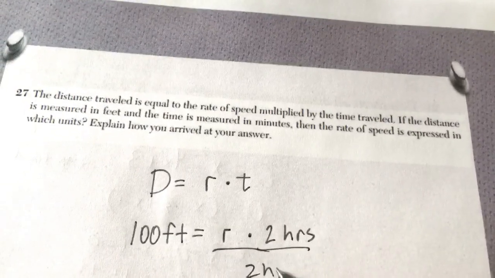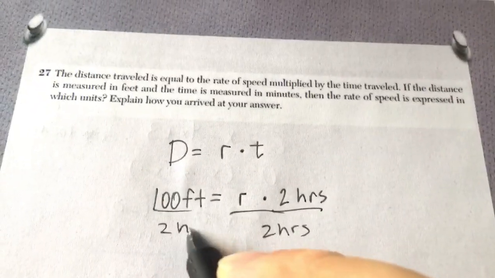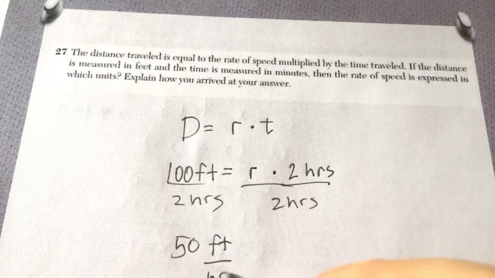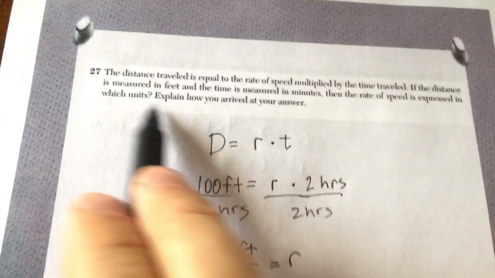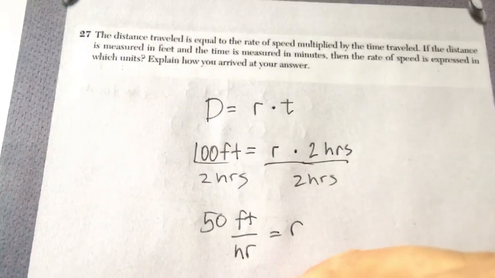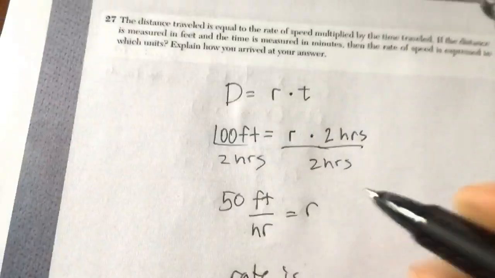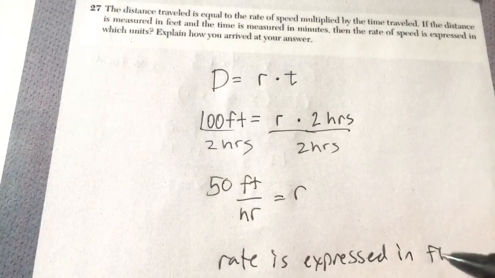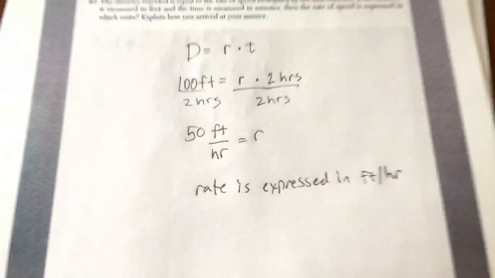So if you're solving for r, and you divide this side by 2 hours, I would get 50 feet per hour. The rate of speed is expressed in which units? I would say rate is expressed in feet per hour.